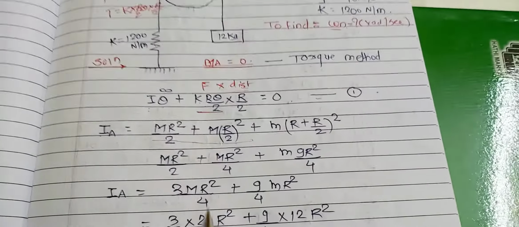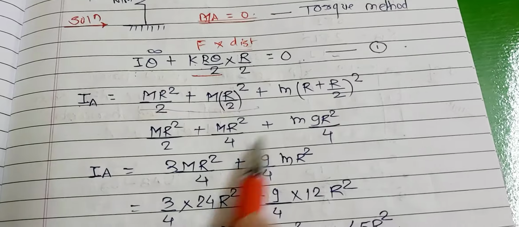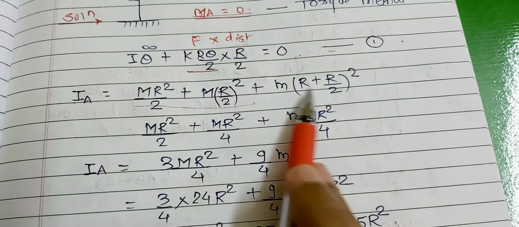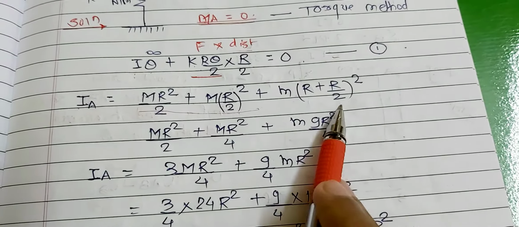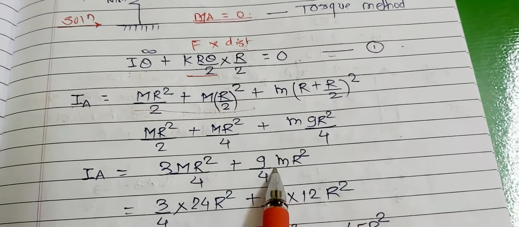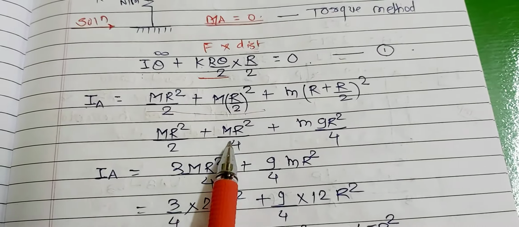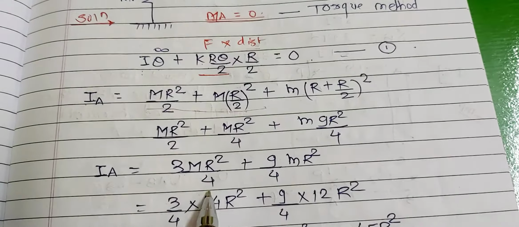After simplification we will get mr square by 2 plus mr square by 4, and 2r plus r by 2 is 3r by 2, whose square is 9r square by 4. So we get 9 mr square by 4, and after simplification of these terms we get 3 by 4 mr square.